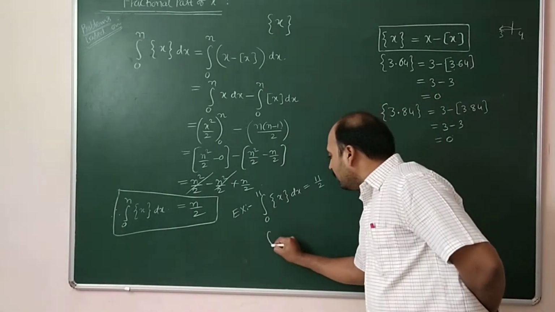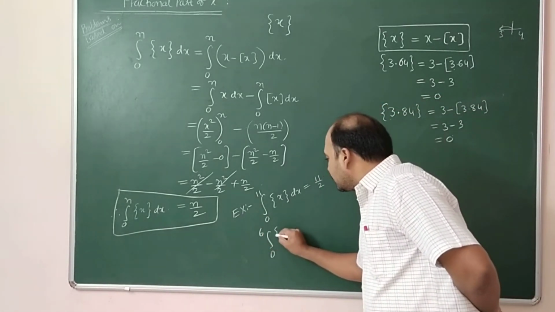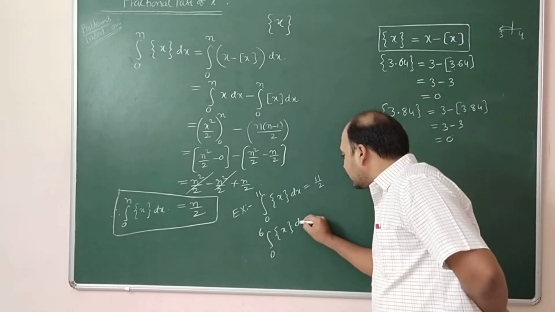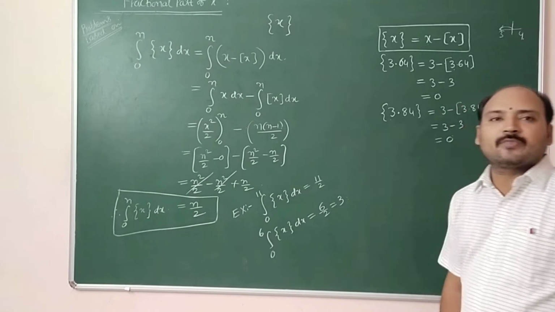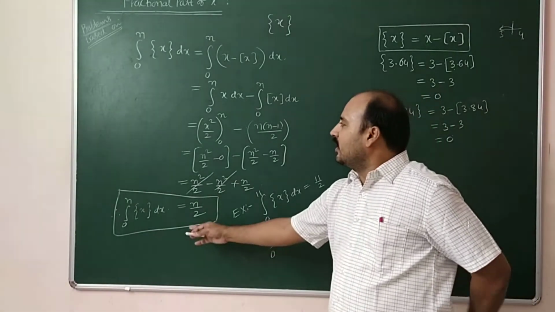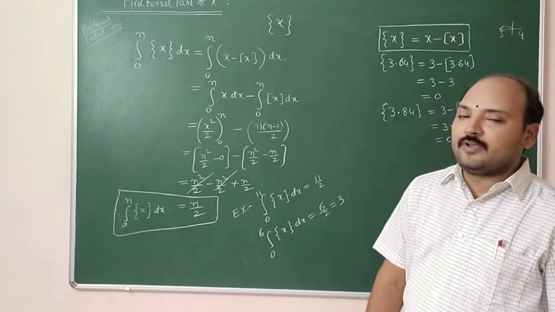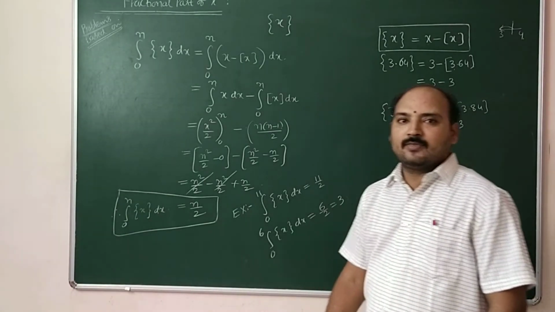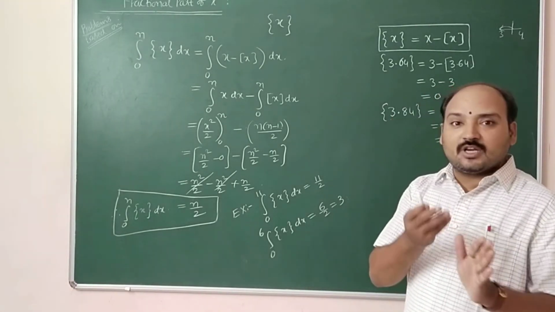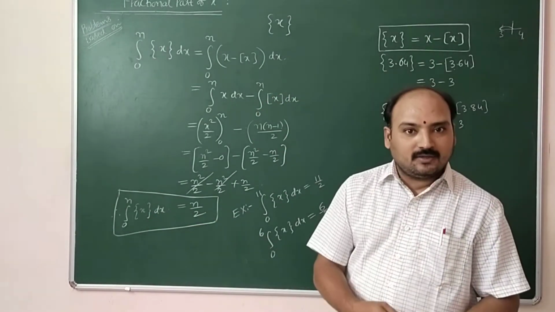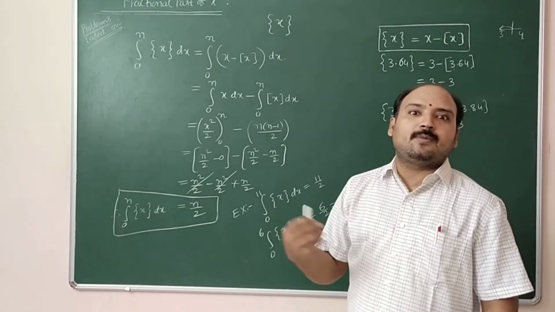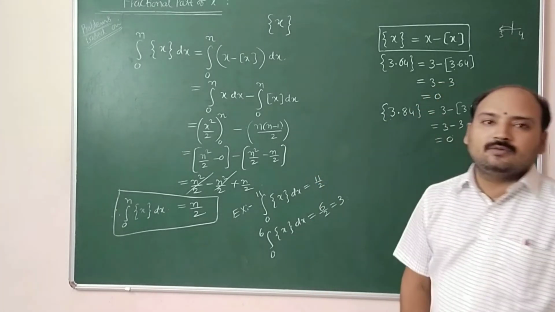Suppose it is an even number, integral 0 to 6 of the fractional part of x dx is equal to 6 by 2, which is equal to 3. This is the way we can utilize the fractional part of x and step x. And the questions related with the fractional part of x and the greatest integer part of x, that also I will explain.